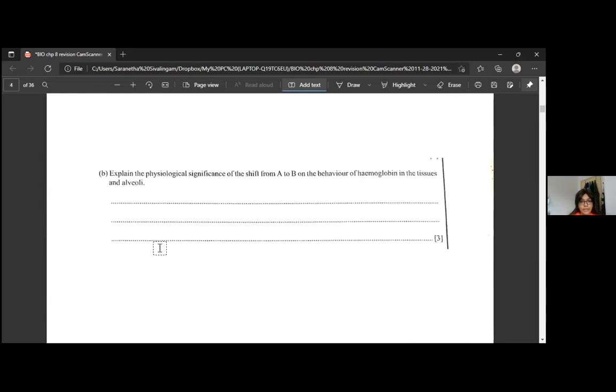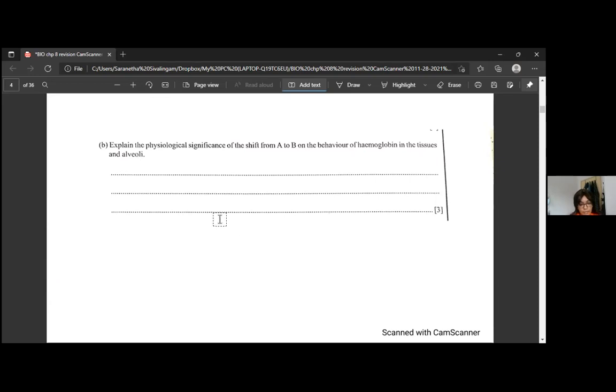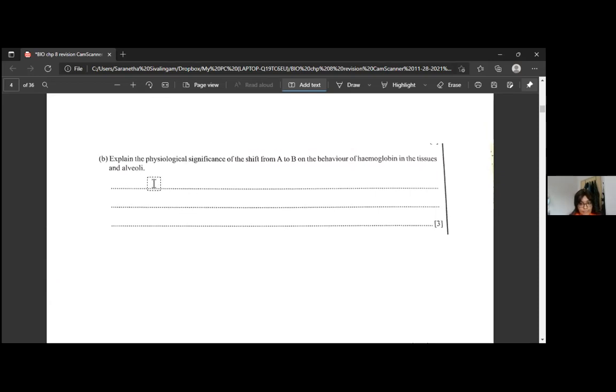So for the next question, explain the physiological significance of the shift from A to B on the behavior of hemoglobin in the tissues. So the first thing we can talk about is how the shift from A to B is basically caused due to the higher partial pressure of carbon dioxide.